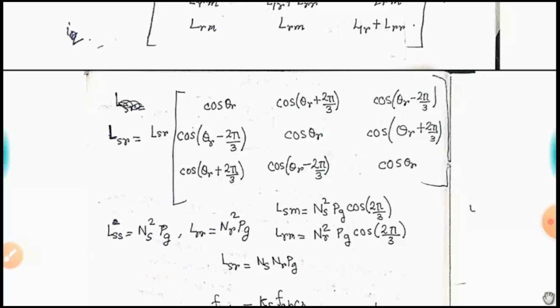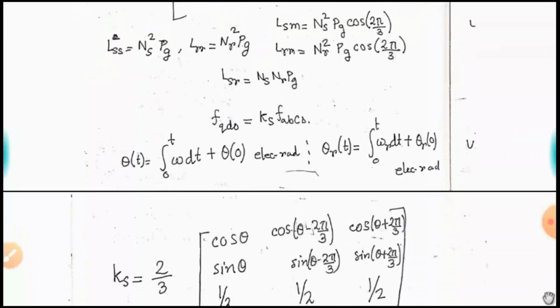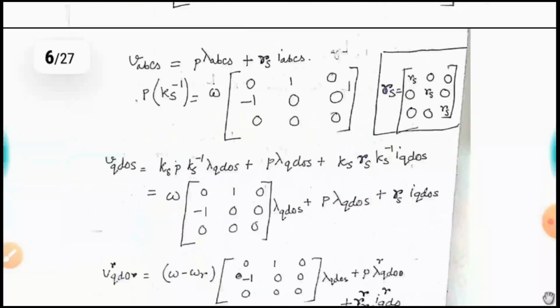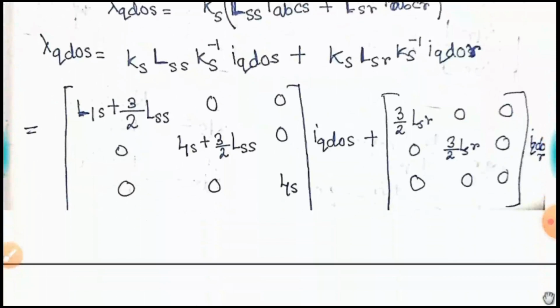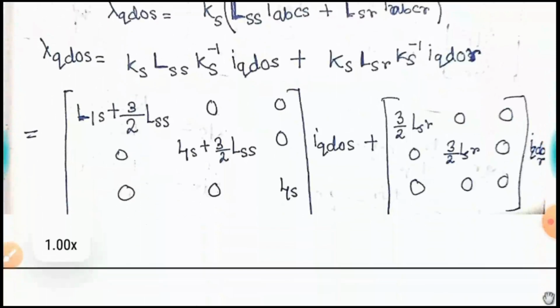So in the synchronous machine, we are getting something that is totally free from theta.